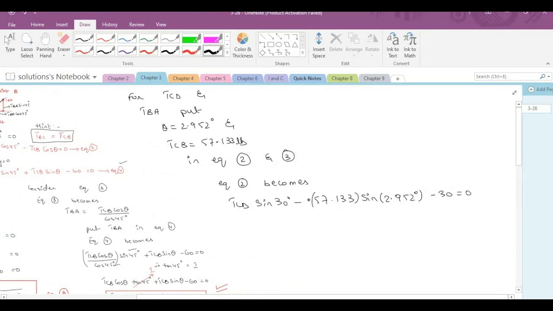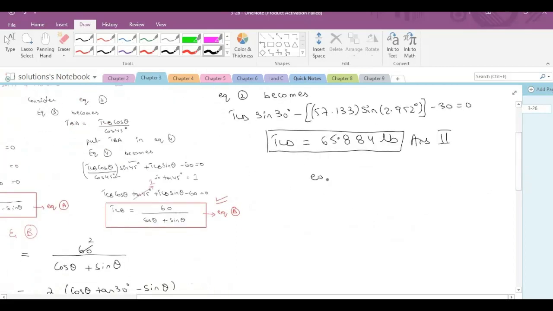So when you simplify it, it would become TCD is equals to 65.884 lbs. Now we have to do the similar process for the TBA. Let's call this answer 2.